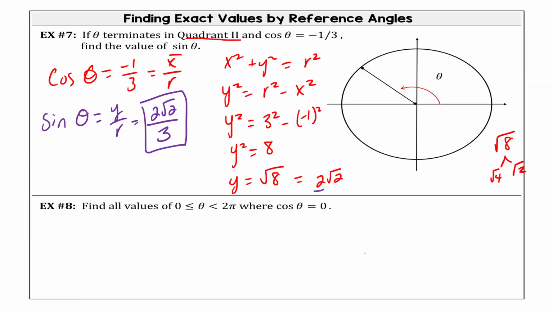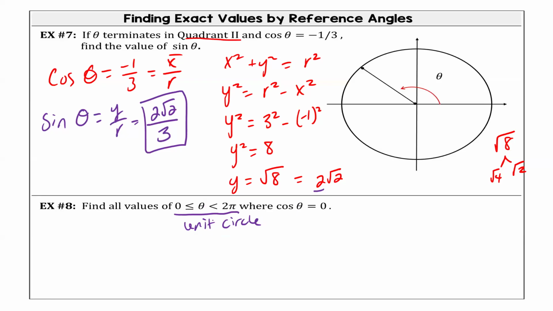All right, on part 8, we have an example. Find all values where theta is greater than or equal to 0 but less than 2 pi, where cosine theta equals 0. Cosine theta on your unit circle. This is just describing the full unit circle.